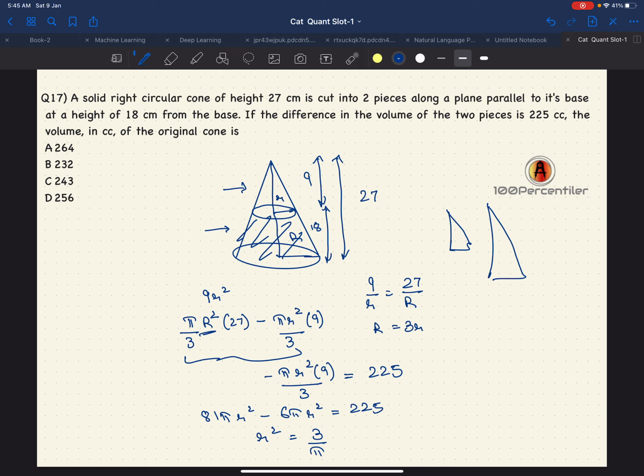Now what we have to find is volume of the original cone here. So original cone volume is 81 pi r square as seen here. So this is nothing but 81 pi into 3 upon pi, which is 243. Therefore 243 is the required answer here.